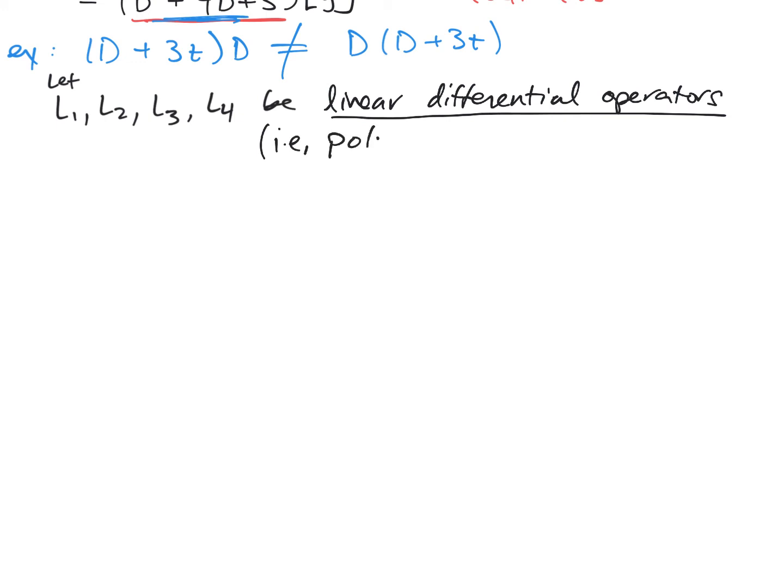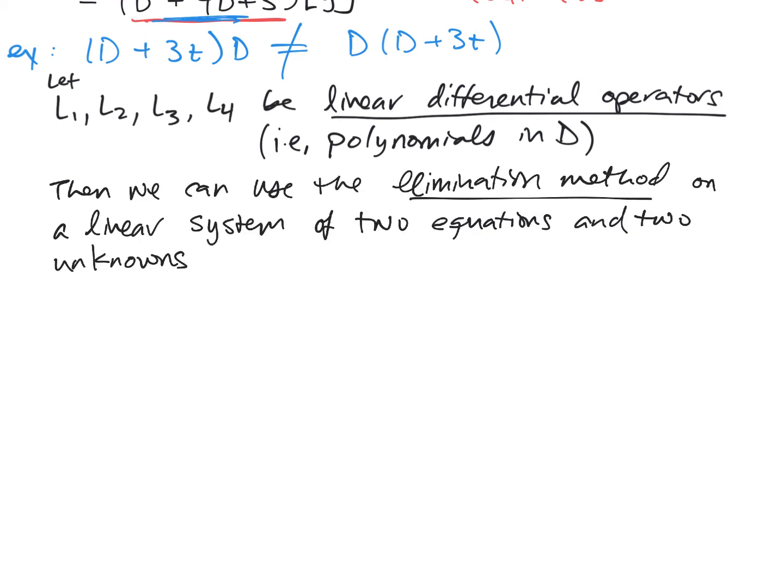Which is to say polynomials in D. Then we can use this elimination method on a linear system with two equations and two unknowns. So just like we had in the last example, we had an unknown x and an unknown y, and we ended up with two equations for them. And so that system will have some stuff with x's in it, including derivatives, right? L1 x plus L2 y equals something, f1.